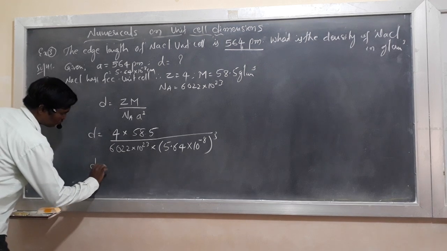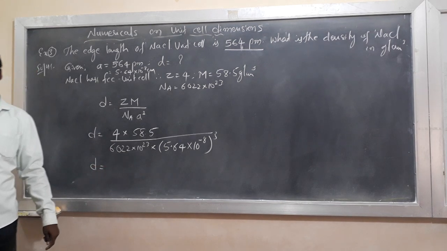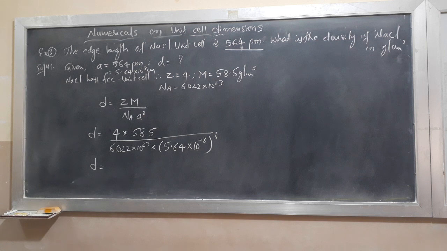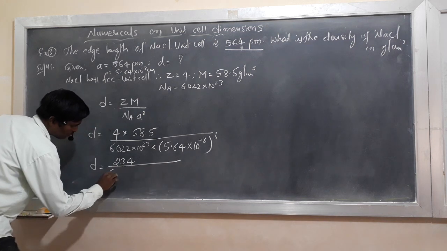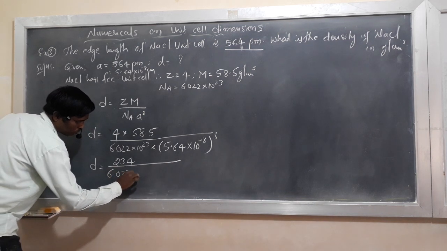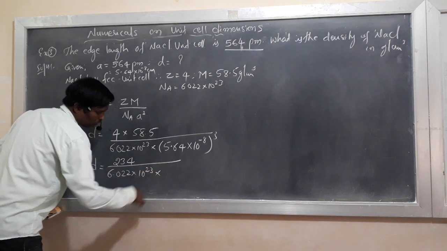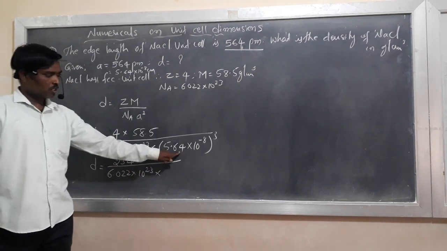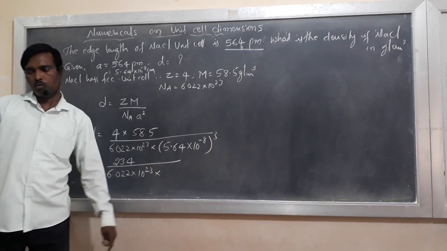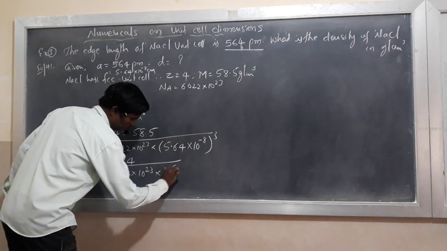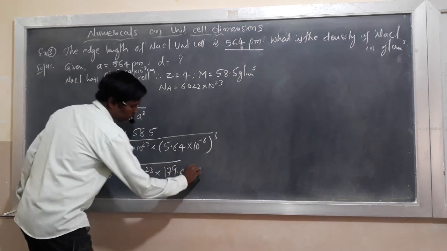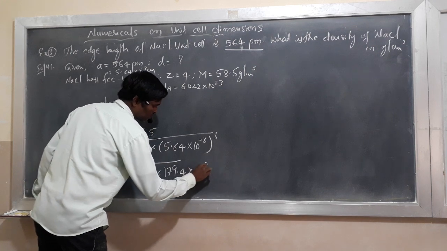Now D is equal to, if I multiply 4 into 58.5, you get 234 in the numerator. 234 divided by, let me write another step, 6.022 into 10 raised to 23 into 5.64 whole cube and 10 raised to minus 8 whole cube. 5.64 whole cube is 179.4, and 10 raised to minus 8 whole cube is 10 raised to minus 24.